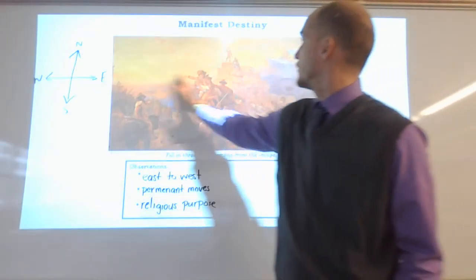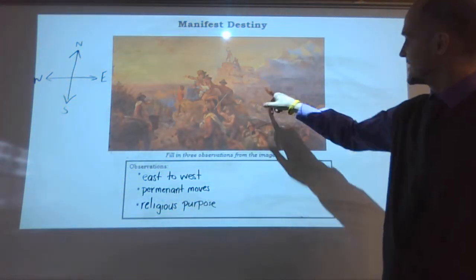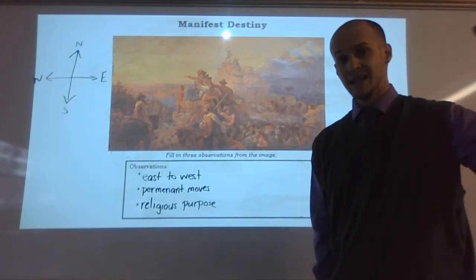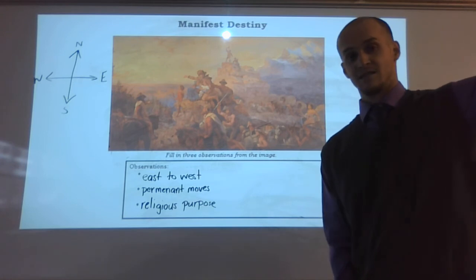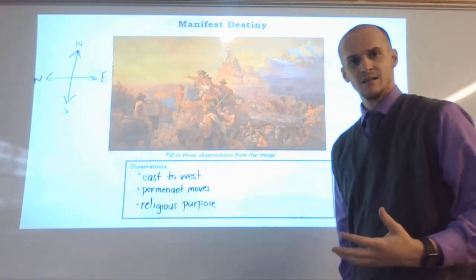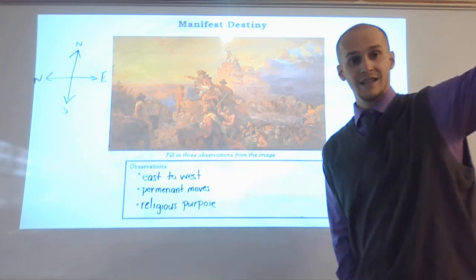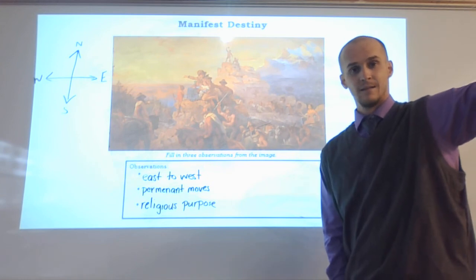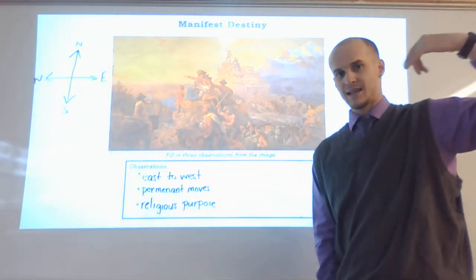They would see this image and say, manifest destiny. God wants us to move west. We're going to leave this overcrowded place and permanently move and settle out west where there's land to be had.